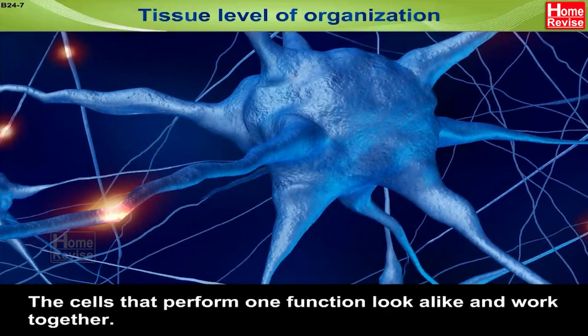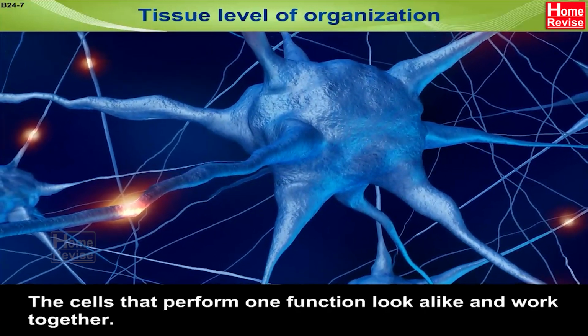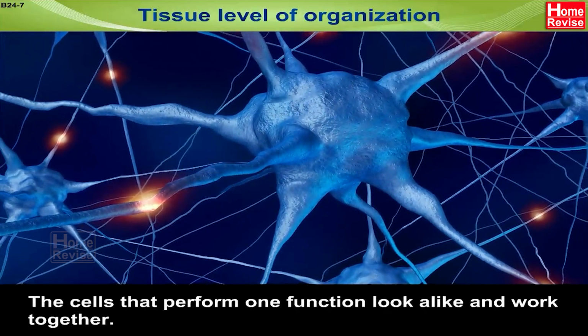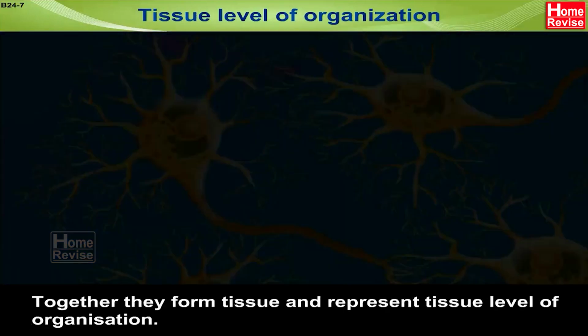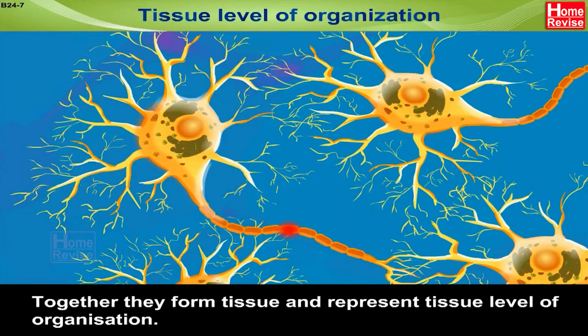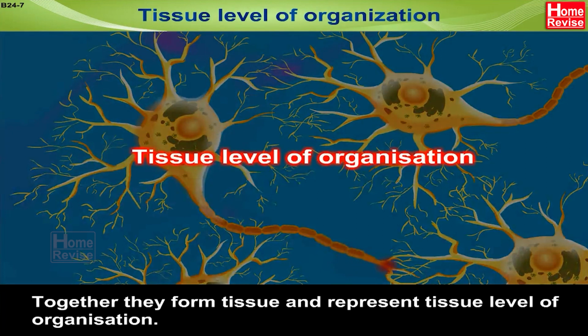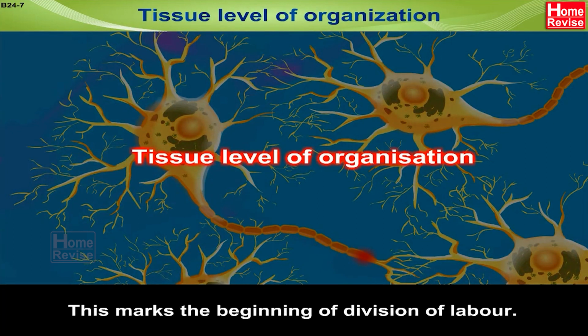The cells that perform one function look alike and work together. Together they form tissue and represent tissue level of organization. This marks the beginning of division of labor.